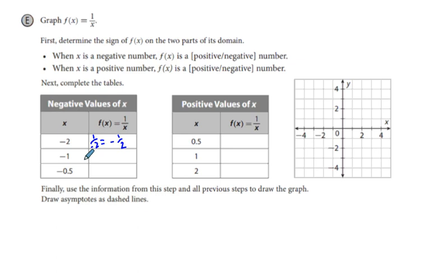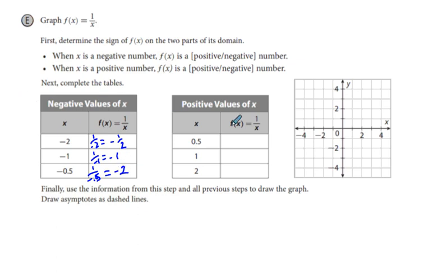We have then for input of negative 1, 1 over negative 1 equals negative 1. And finally, for 1 over negative 0.5, we have negative 2.